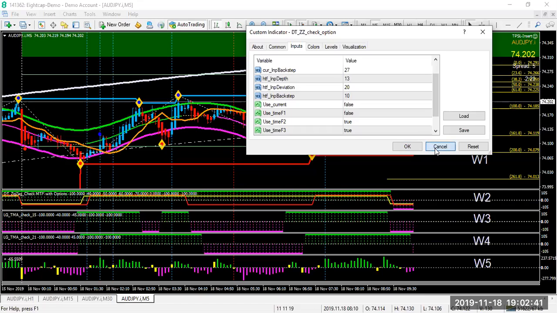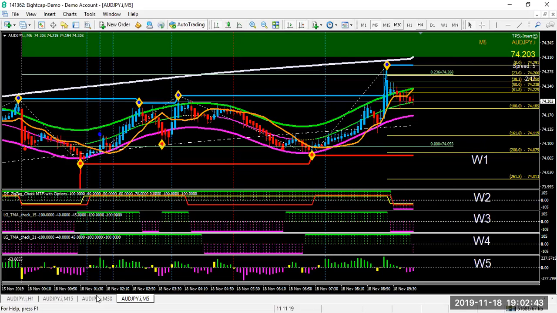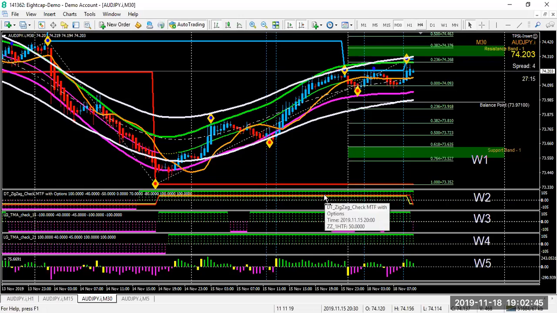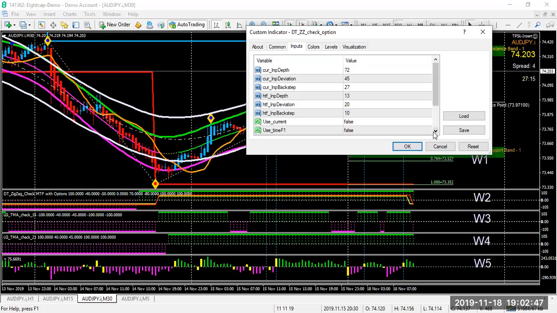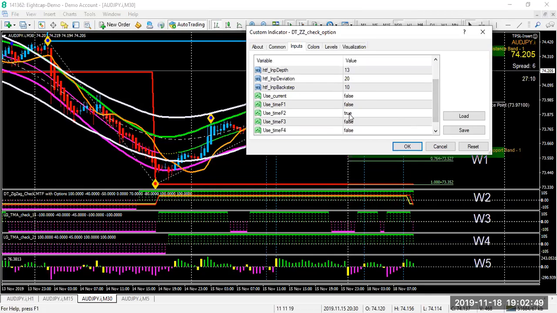Now in the 1 hour and 30 minutes, the setting is true to 2 time frames higher. For the 30 minutes, that means 30, 1 hour, 4 hour, so it'll give the shading whatever the 4 hour direction is.